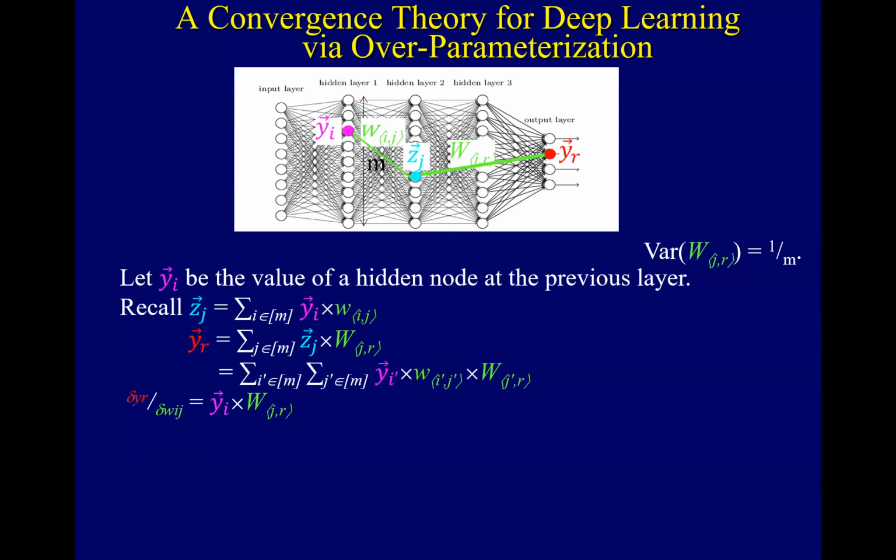Is the ZJ in the double sum? Second one. ZJ is. You're absolutely right. No, the one is summing here and the one is summing here, and R is fixed.